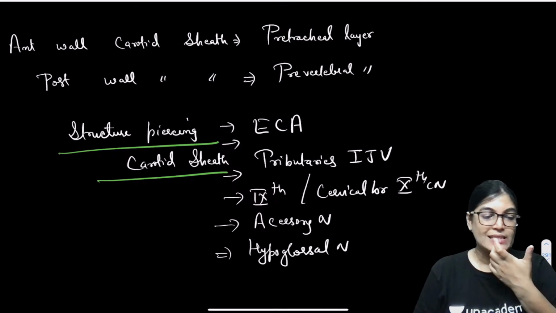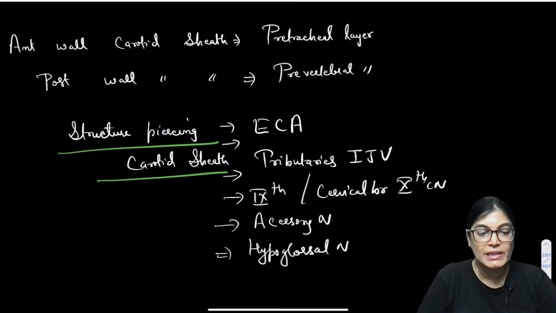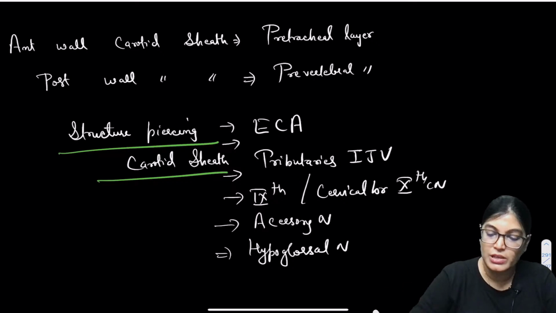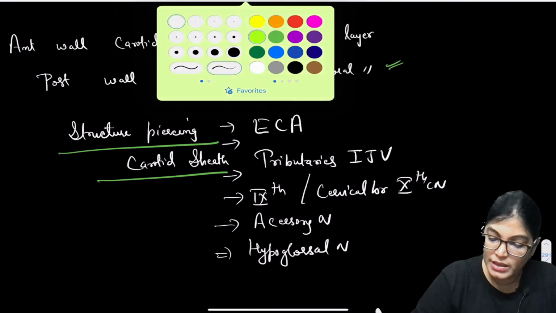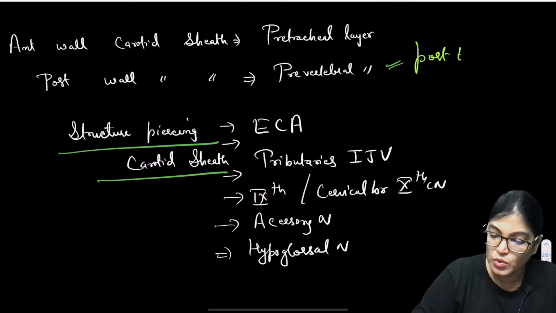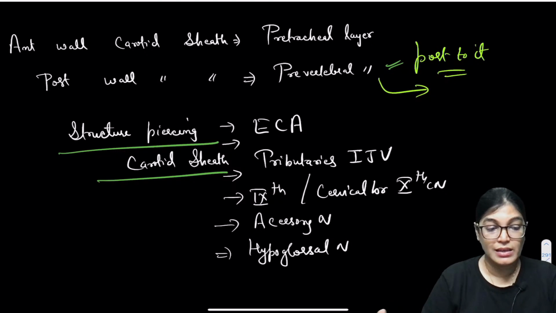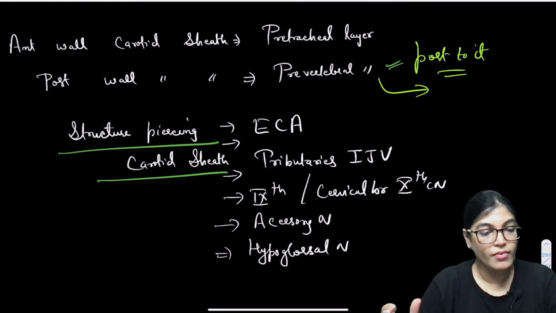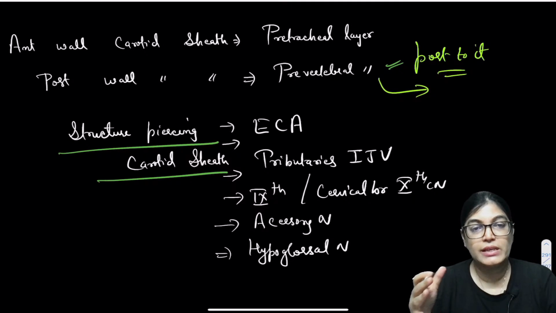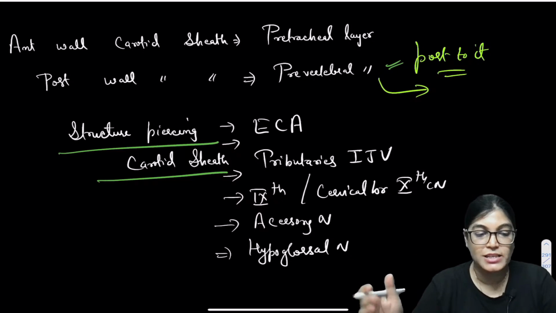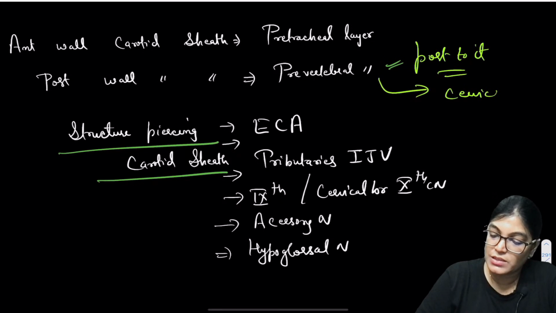One more important point is that the cervical part of the sympathetic trunk is lying just posterior, separated from the posterior wall of the carotid sheath, the pre-vertebral layer. So it lies posterior to the pre-vertebral layer, which forms the posterior wall.